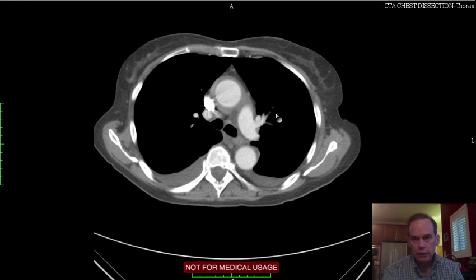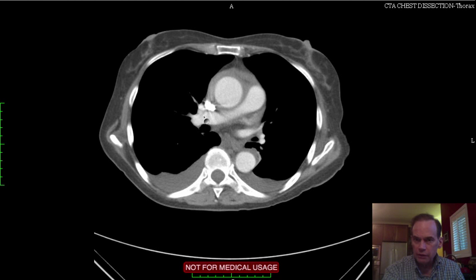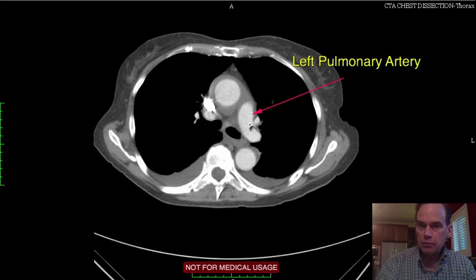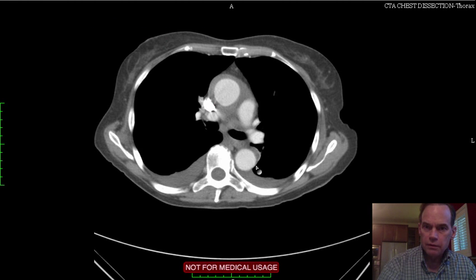The left main pulmonary artery is more superiorly positioned than the right main pulmonary artery because the left main pulmonary artery has to go up and over this left main stem bronchus. See that relationship? Here we go down and we go up.